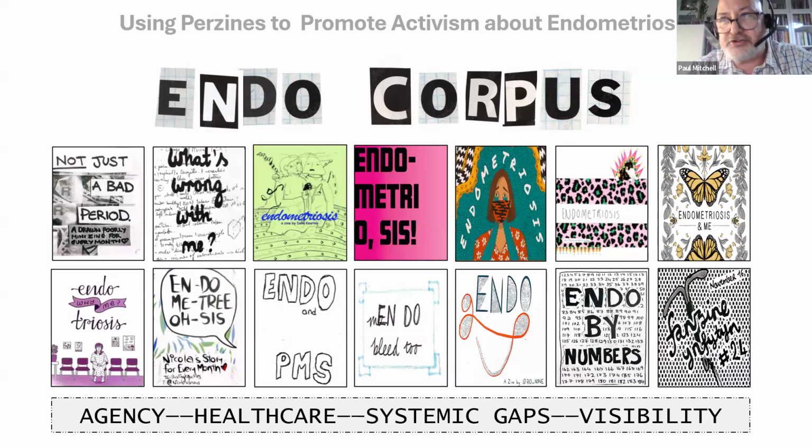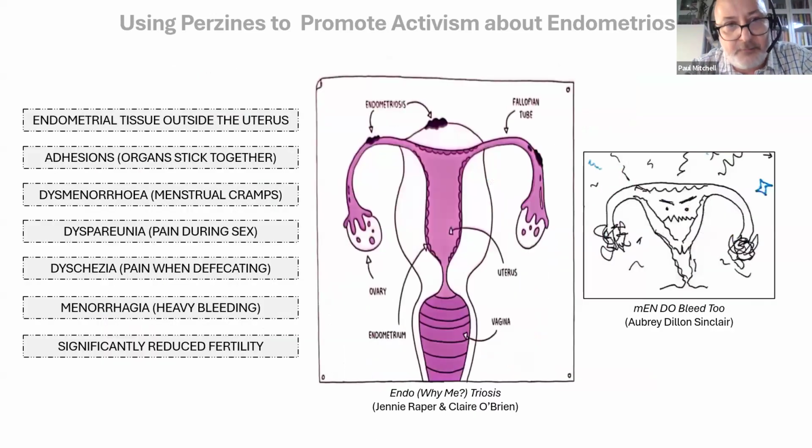Now, time is very short to explain a complex disease like endometriosis, but suffice to say it's a debilitating condition that occurs when hormone responsive tissue grows outside the uterus. And typically, this can cause organs in the pelvic region to become stuck together, or people experience severe pain when menstruating, having sex, or defecating, which Audrey Dillon Sinclair's sketch of an angry looking uterus suitably illustrates.